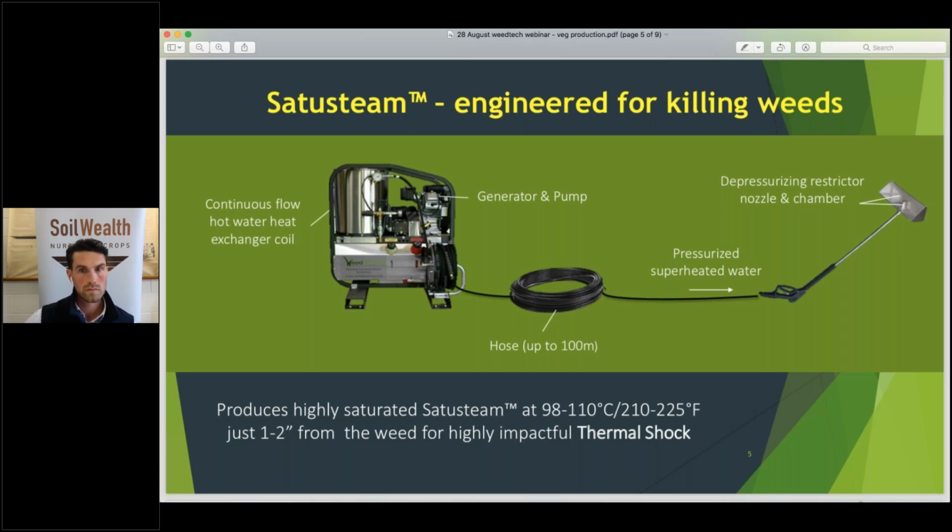And because we're using saturated steam that's depressurized, we don't get penetration into the soil.